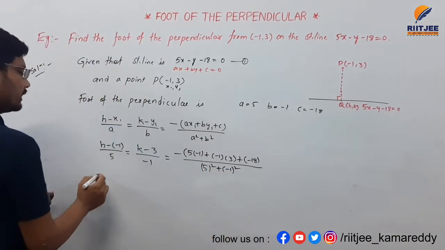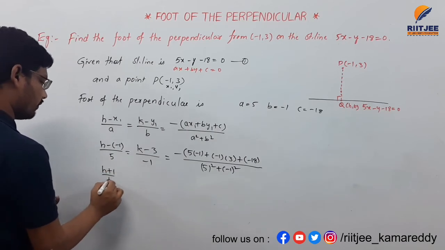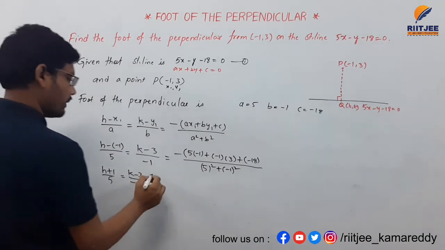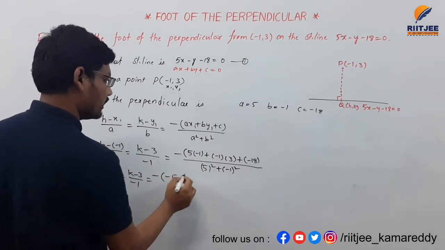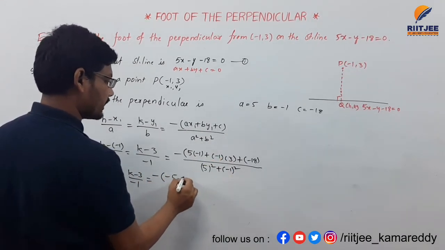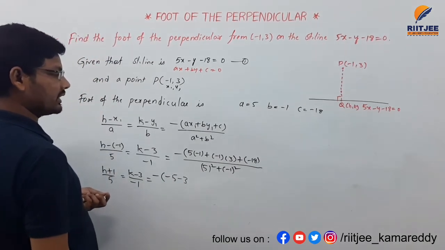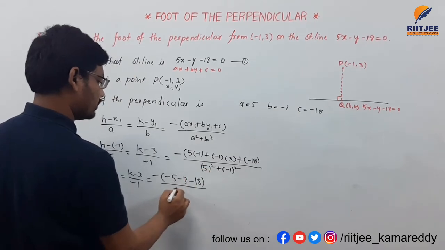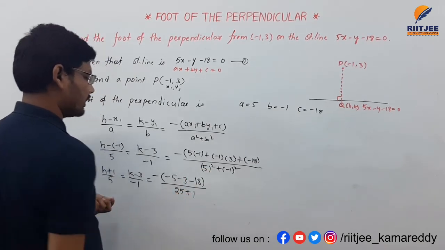So minus into minus becomes h plus 1 by 5, k minus 3 by minus 1, equal to minus of minus 5 minus 3 minus 18, total divided by 5 square is 25 plus minus 1 square is 1 here.